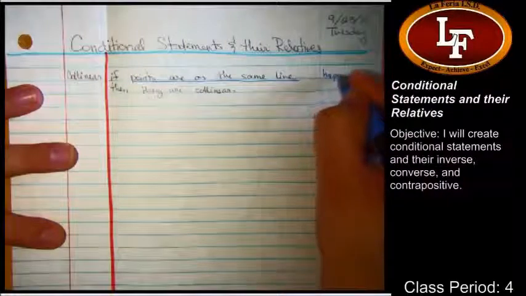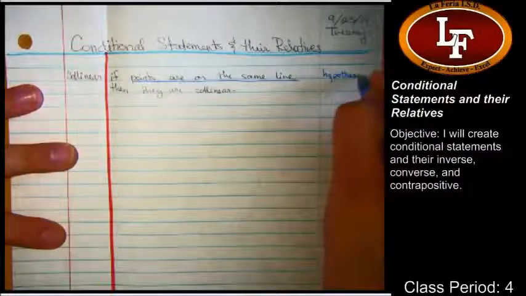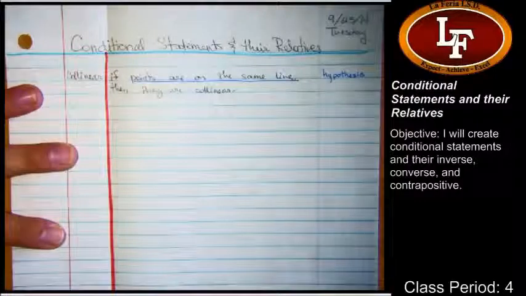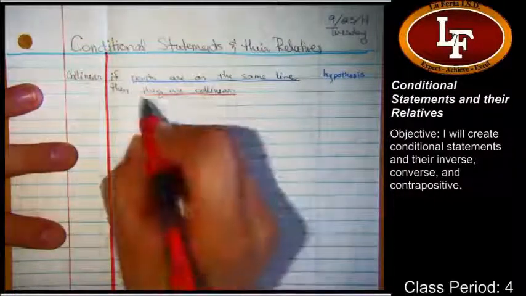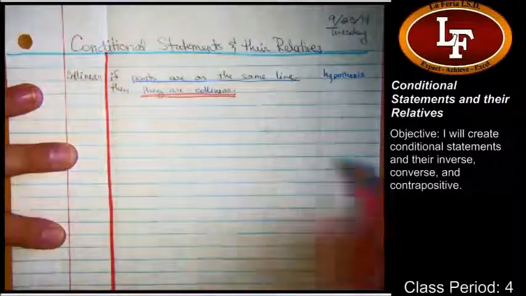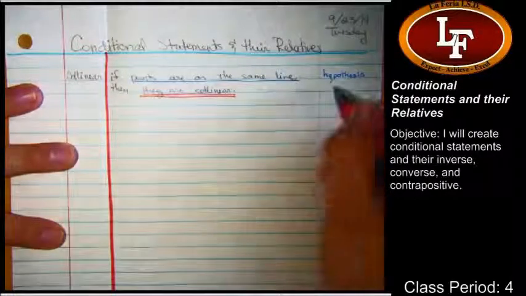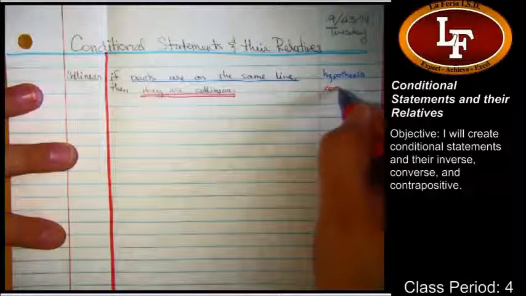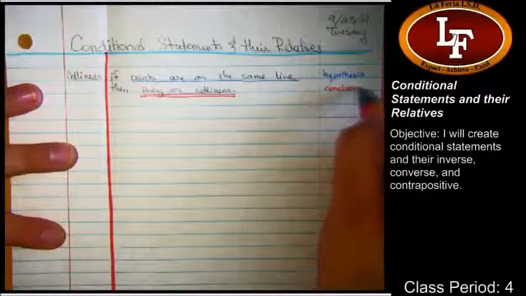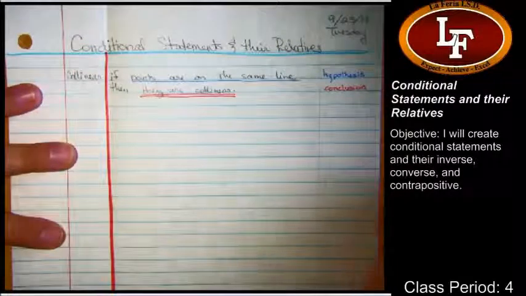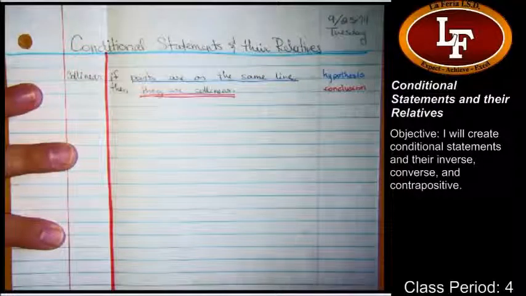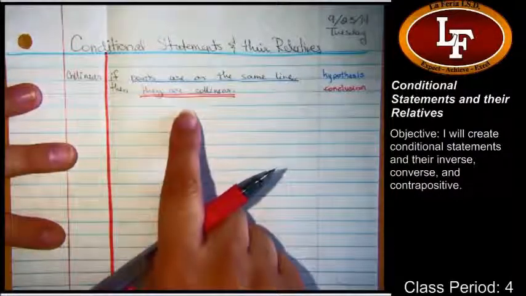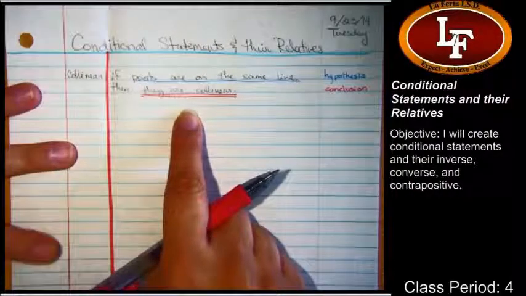That's the hypothesis. Everything after the then, the second part of the sentence, underline it twice, please. If you're using different colored pens, you can just underline it with the color. If you're using highlighters, fine. But underline the conclusion. So this part after then is the conclusion.